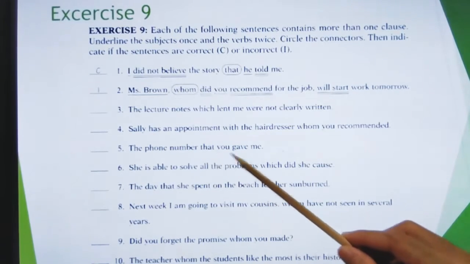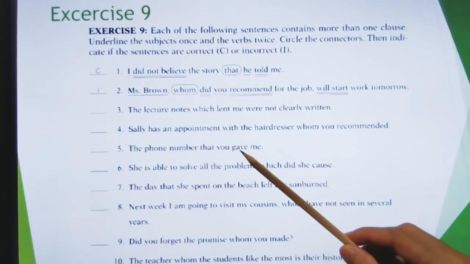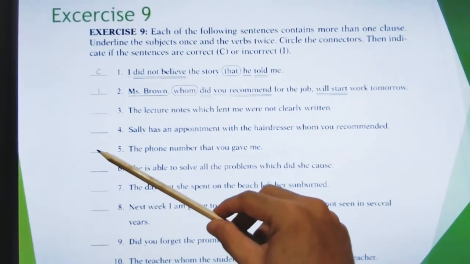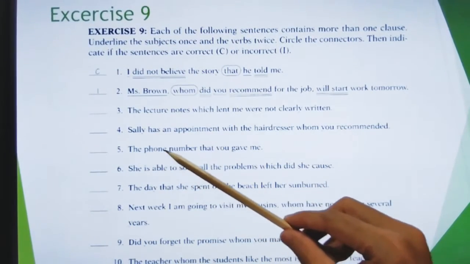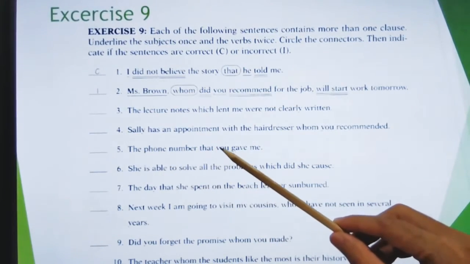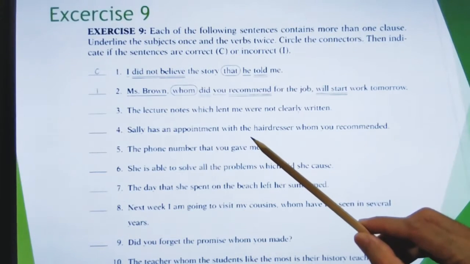Okay. But the question is, where is the main verb? This is a dependent verb, but where is the main verb? Okay, correct. So this sentence is incorrect. Why? Because there is no main verb here, right? So it should be correct if there is a sentence like this: the phone number that you gave me was mine.